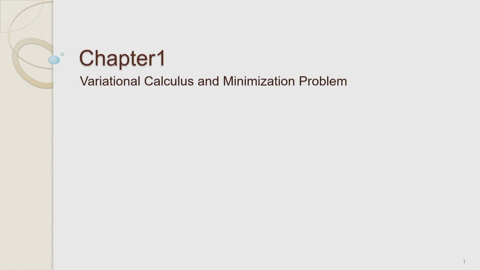Good morning everyone. We will start with the chapter Variational Calculus and Minimization Problem. In this chapter, we will see that one problem can be expressed in three different forms.